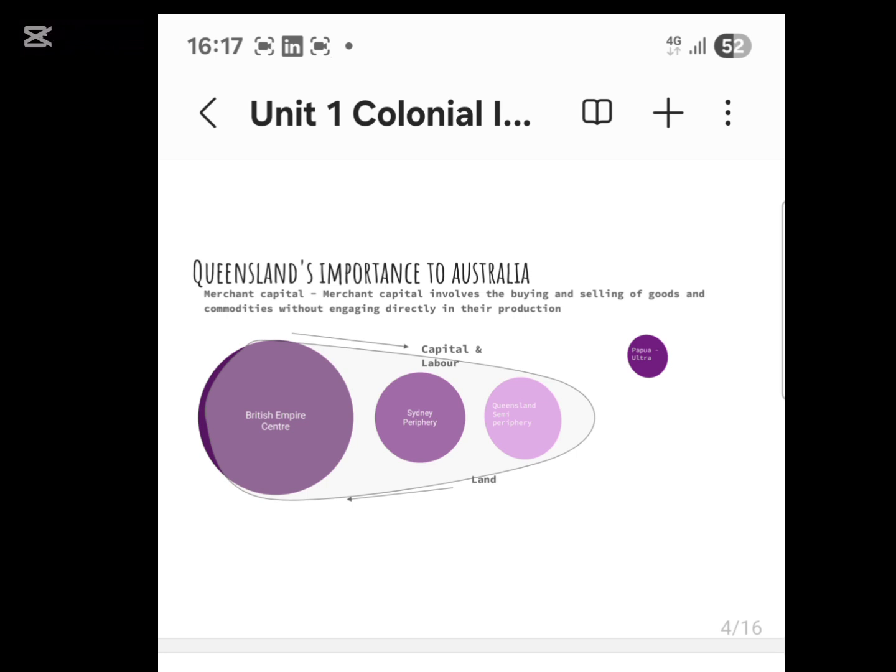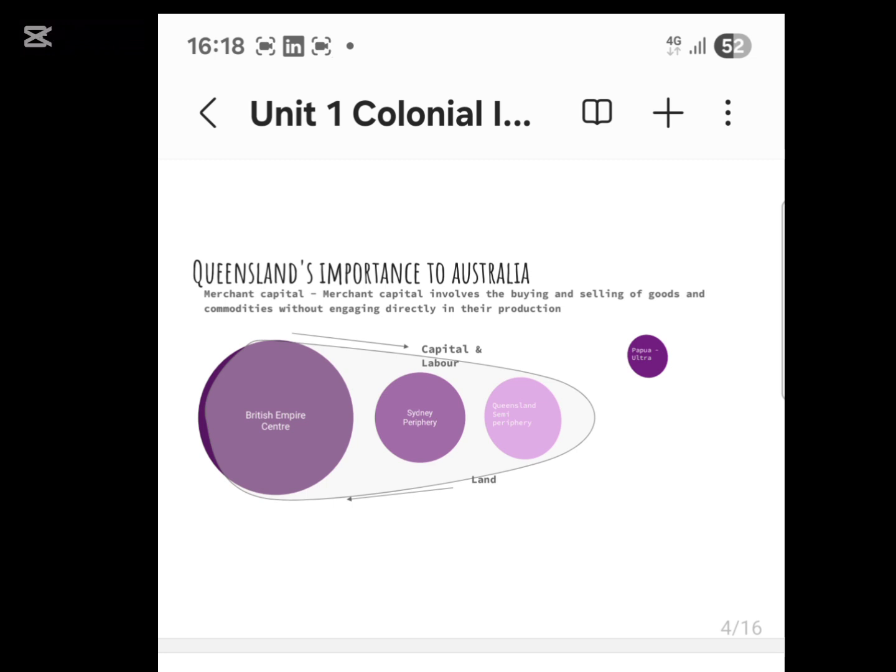So, what is called, and I put here, the merchant capital. So the relationship between Australia and Britain revolves around these relations, revolves around the economic development, okay?